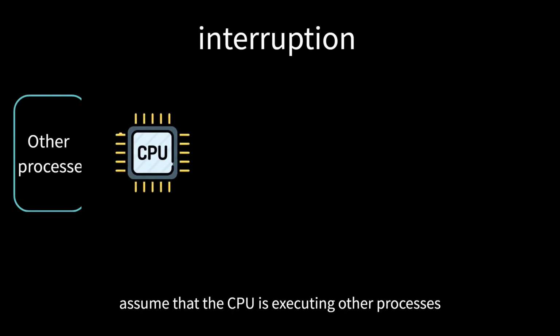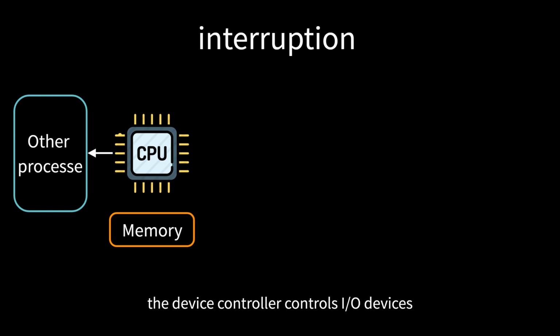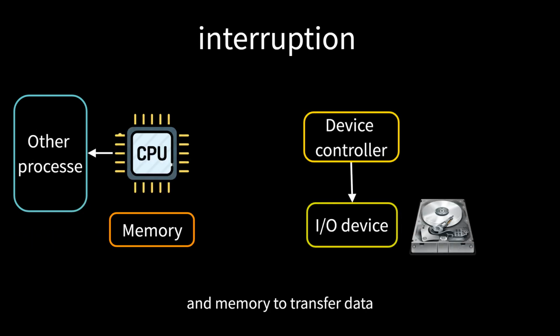The specific process of interruption is like this. First, assume that the CPU is executing other processes. At the same time, the device controller controls I/O devices such as hard disks and memory to transfer data.